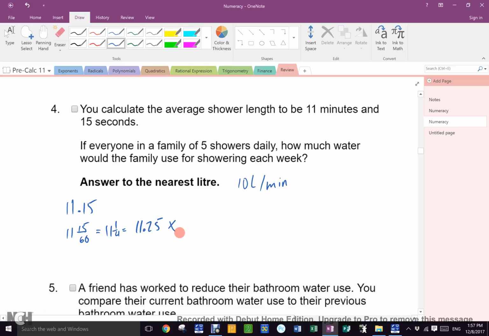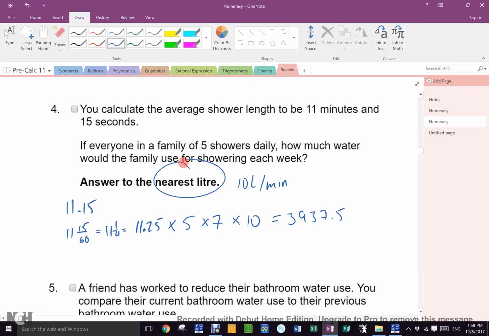Times 10. How many a day? Times 5. Times how many days? 7. Times 10, because it's 10 liters for every minute. That's 3,937.5.